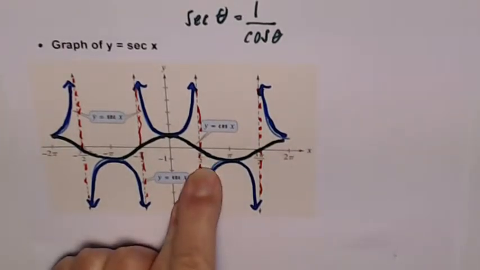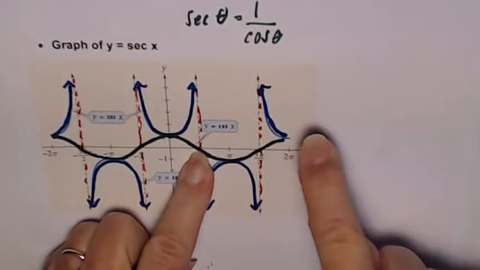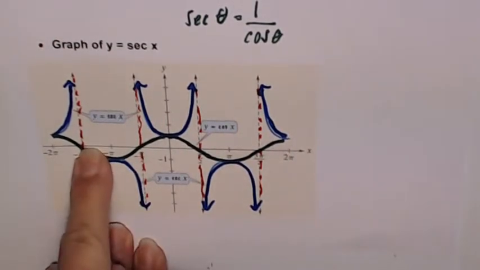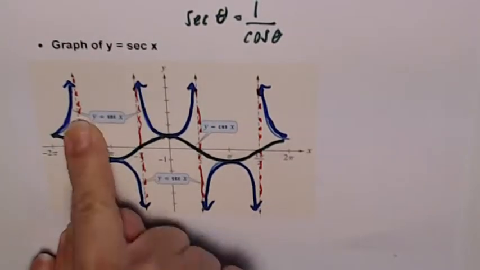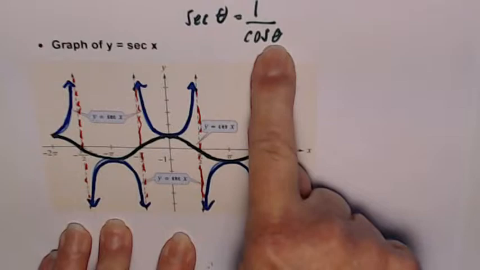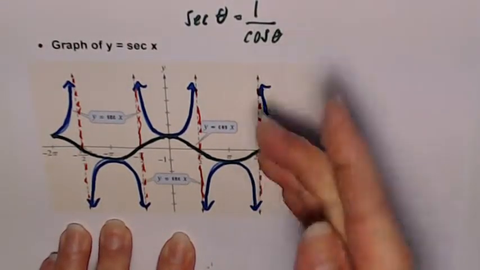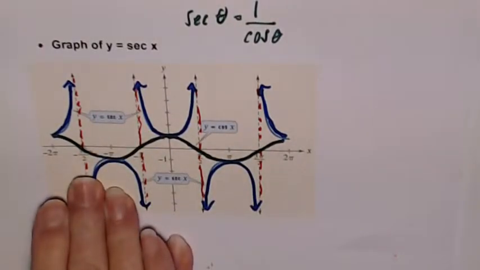At pi over 2, we know that the cosine of pi over 2 is 0. And at 3 pi over 2, cosine is 0. So whenever our cosine function is a 0, an x-intercept, that gives us these vertical asymptotes in the world of secant, because when cosine is 0, 1 over 0 is undefined, and graphically that's represented by these vertical asymptotes.